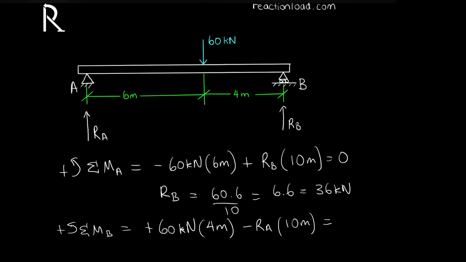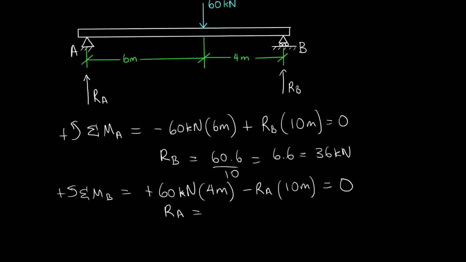And again, as with the moment about A, the moment about B also has to be equal to 0, because there's no ability to sustain a moment as the beam's free to rotate. So then we can rearrange for RA, and that is equal to 60 by 4 on 10, which is equal to 6 by 4, which is 24 kilonewtons.